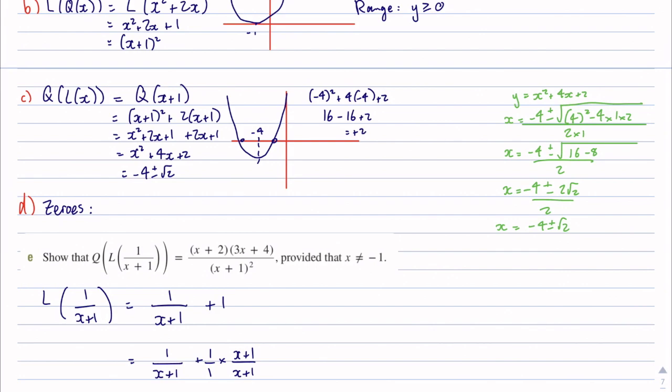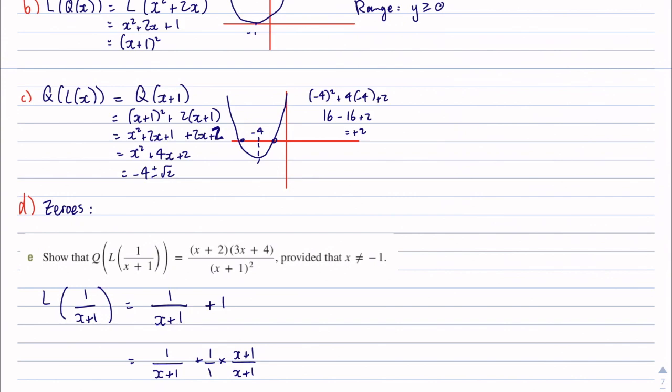Why is that? I don't know that question. What have I missed? x squared plus 2x plus 1. Oh, plus 2. Oh gosh, this is the worst. Which gives me plus 3.